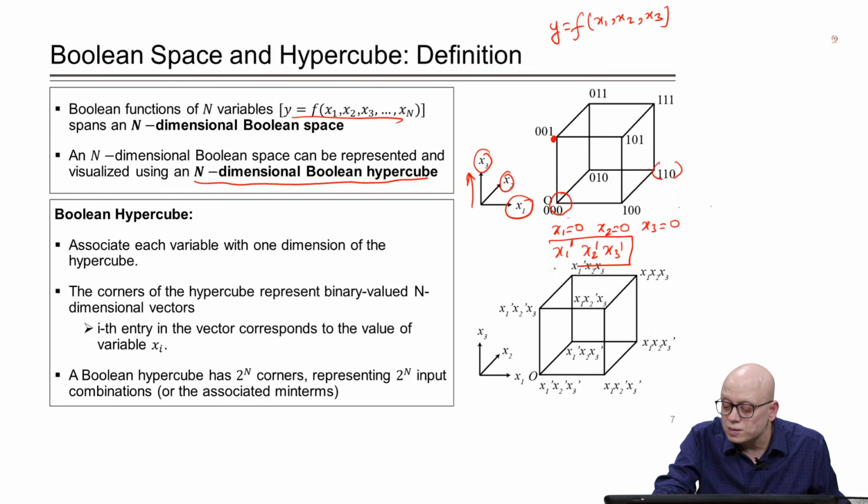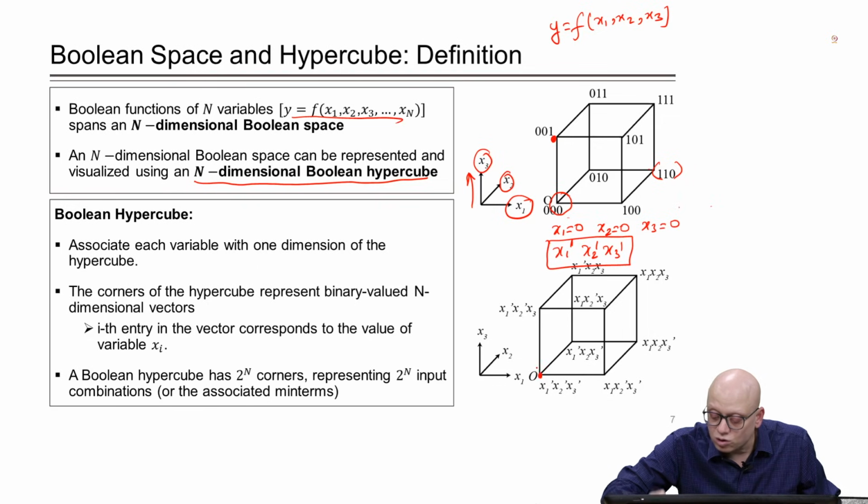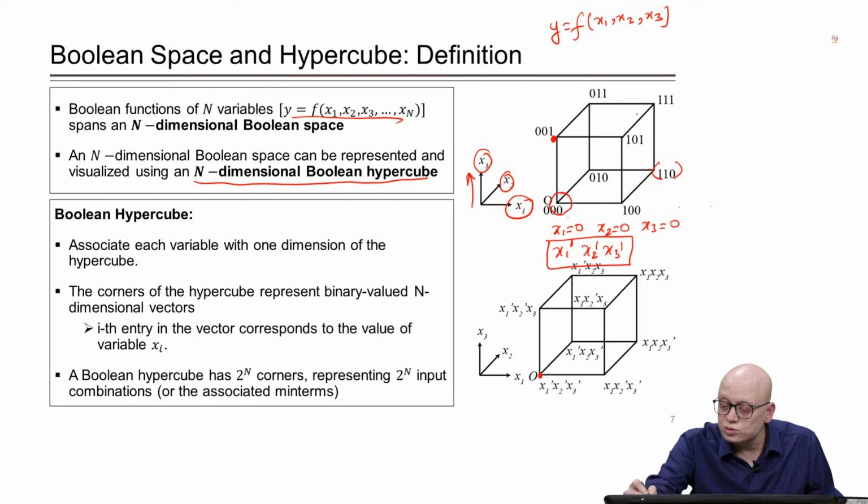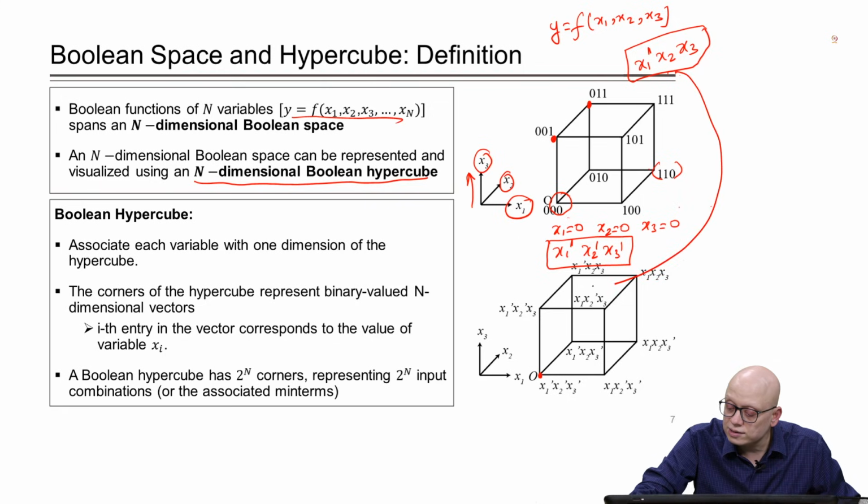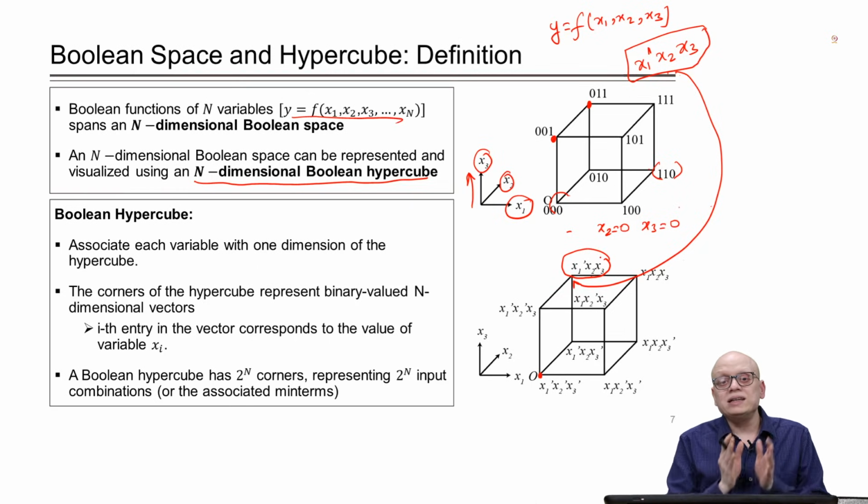This is the minterm associated with this particular corner. Similarly, if we look into this corner, x1 is taking a value of 0, so we take x1 bar, and x2 and x3 are 1, so we just write x2, x3. This is the minterm associated with this corner, x1 bar x2 x3. So, we can associate each corner with one minterm.